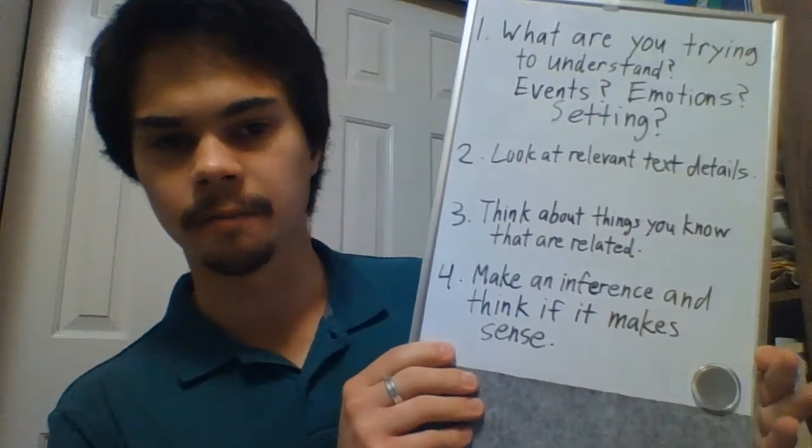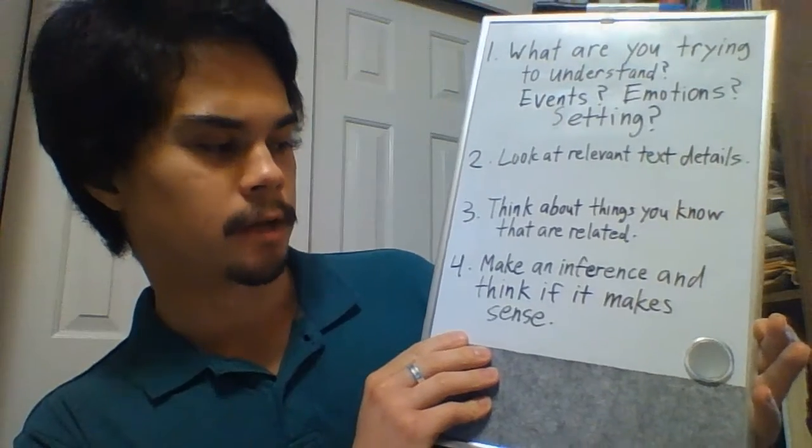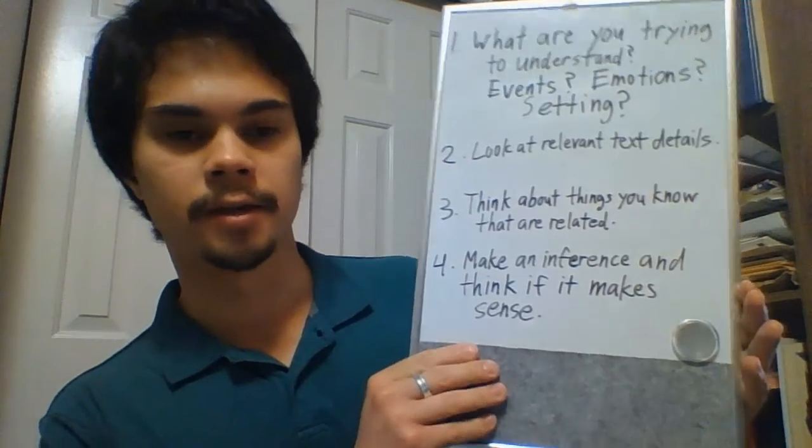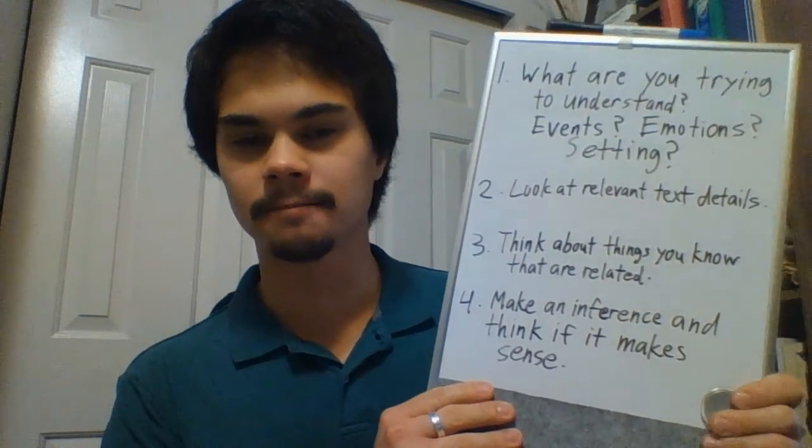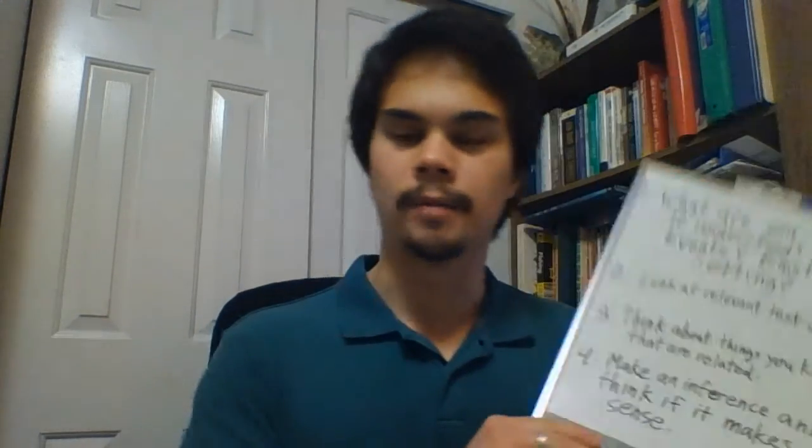And let's move on to step 4. Make an inference and think if it makes sense. So pause the video if you need to. Make your inference. Okay, my inference, to answer the question how the little brother is feeling, I think the little brother is very worried he's going to get hurt. Now, the other part of step 4 was to see if that makes sense.